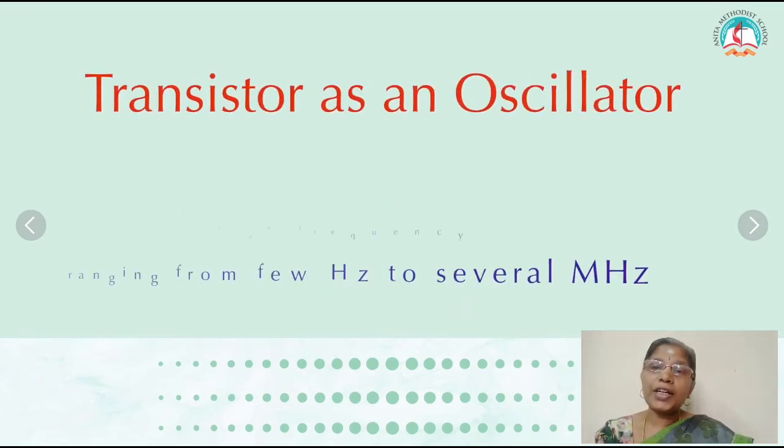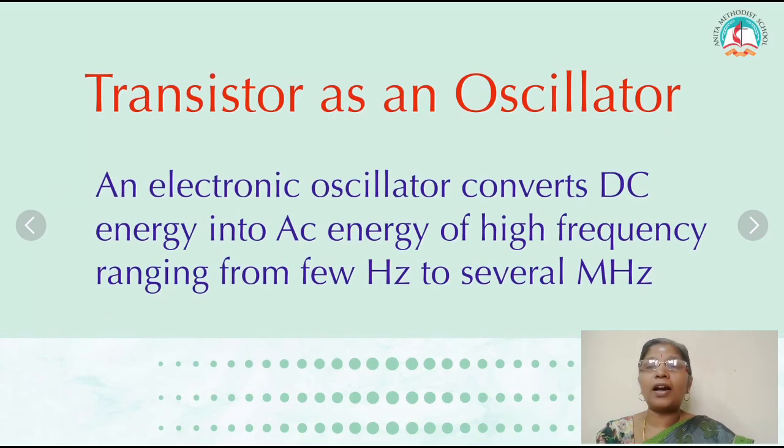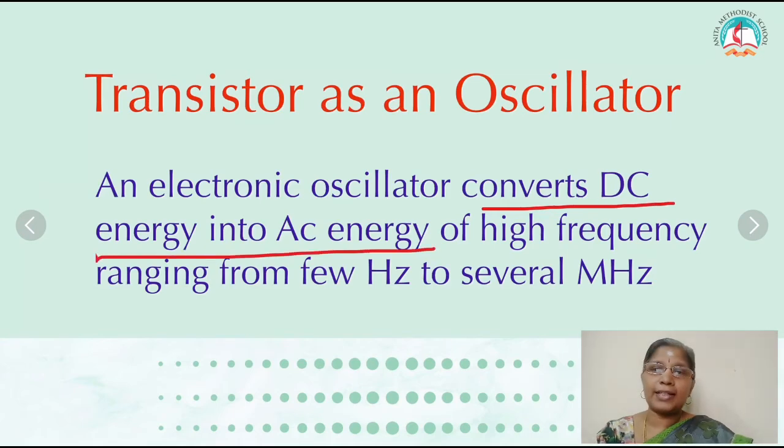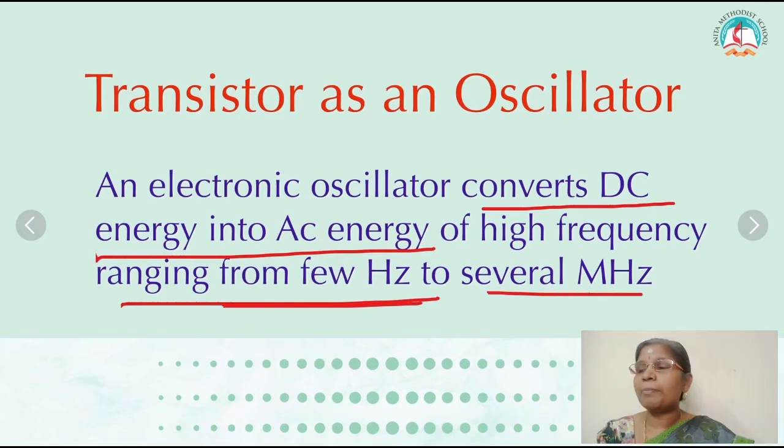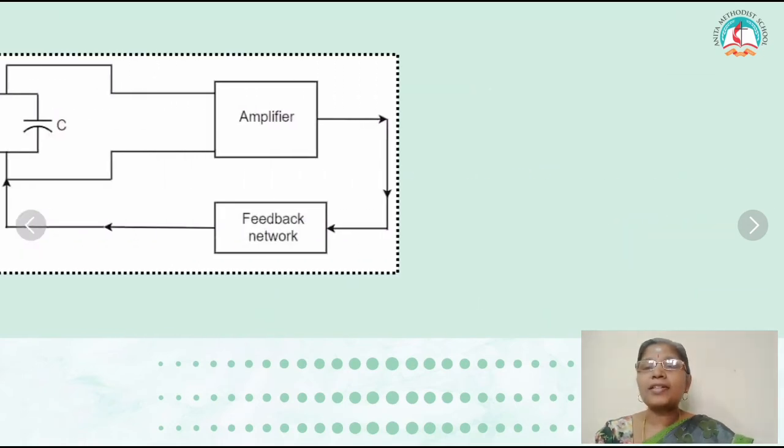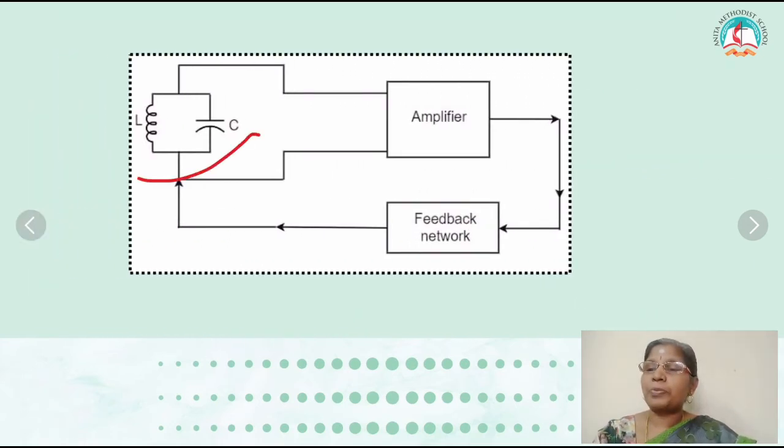Okay, the next one, when it acts as an oscillator. Oscillator means what? It converts DC energy into AC energy of high frequency ranging from a few hertz to several megahertz, that is oscillator. What are the components in the oscillator? Both L inductance and capacitance connected in parallel, that is called tank circuit.